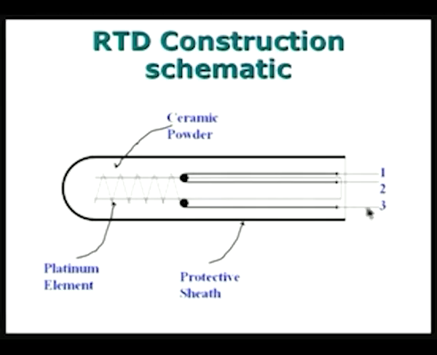In this case, I have shown a 3-wire arrangement. That means there are 2 terminals coming from this point, 1 and 2, and there is a 3rd one. Sometimes we also have a 4-terminal or 4-wire RTD, in which case there will be one more wire coming out from this side, and I will explain later why we have the 3-lead arrangement and the 4-lead arrangement. That will become clear when we talk more about the method of measurement of the resistance itself.